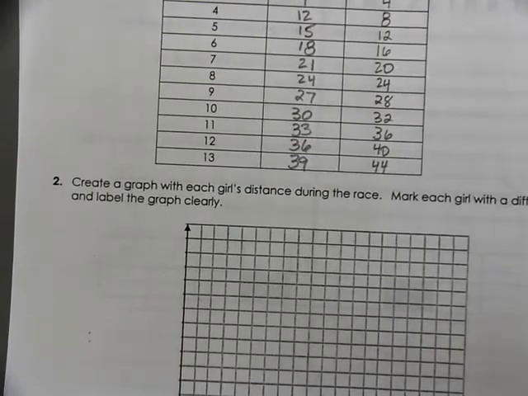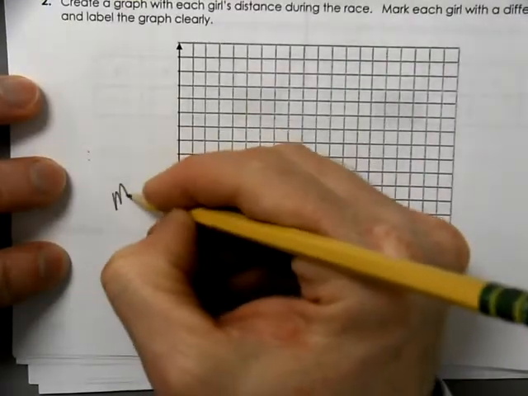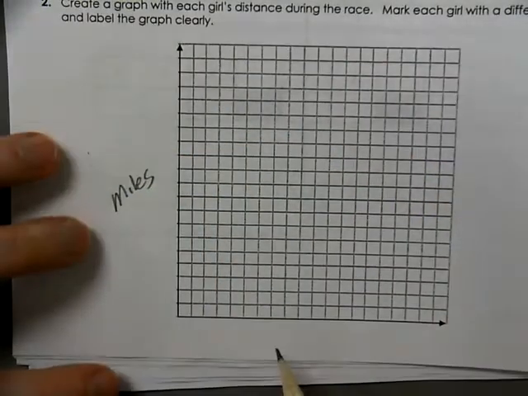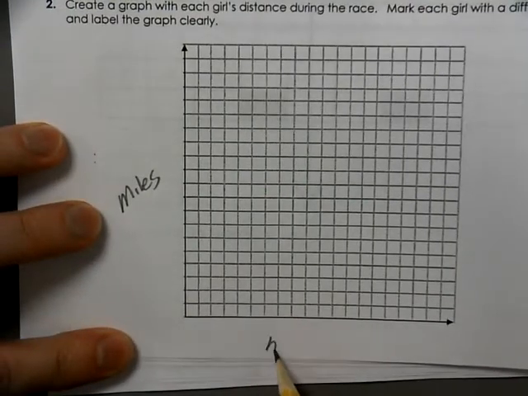Now we're going to create a graph that represents our values from our tables. So on one side we're going to put miles. On the other side we're going to put hours.